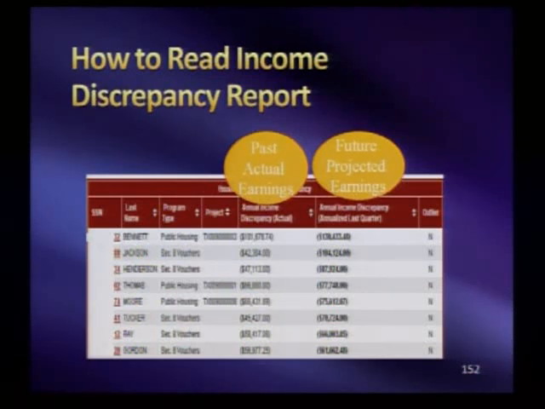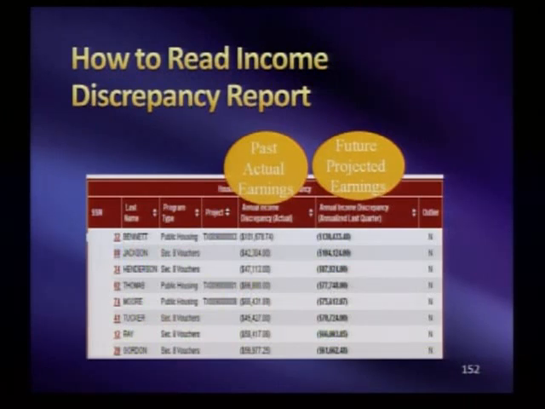The second column is telling you this is what we project will be the future unreported income if you ignore the fact that income was not reported in the past. And so the two numbers there are basically the past actual income discrepancy, and the second column is the future projected income discrepancy.